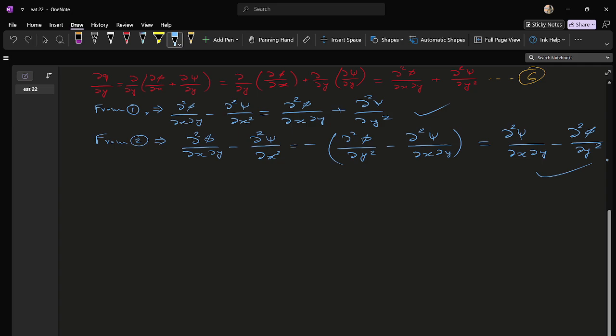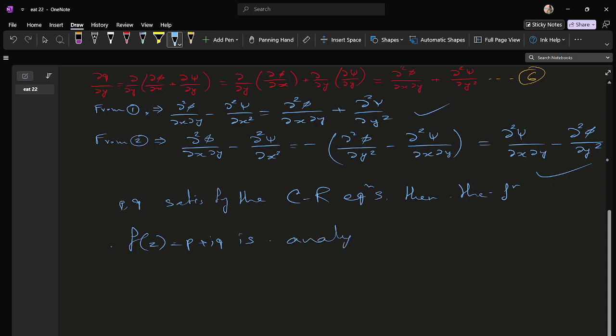So the conclusion is, since our p and q satisfy the CR equations, the function f of z equals p plus iq is analytic, which is given in our question.